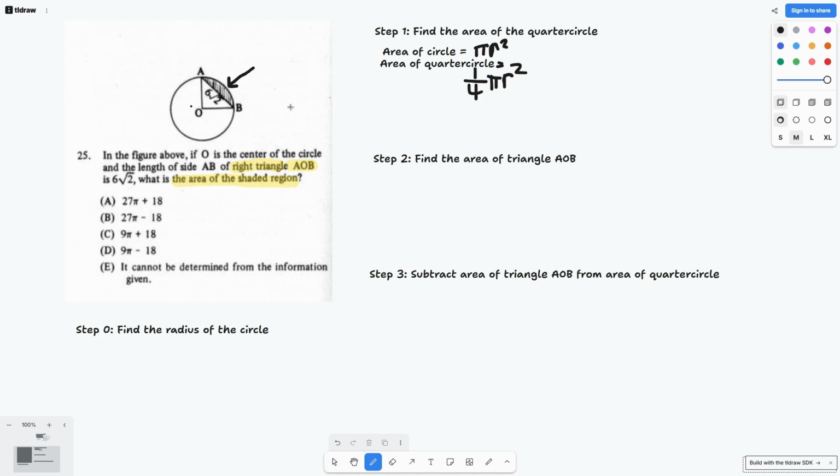Now the question becomes, how are we going to find the radius? Fortunately, we can use triangle AOB to aid us here. This triangle here. Now what we know is that this is a right triangle, and there's a very special formula that we can use that helps us find the lengths of sides of right triangles. Now side lengths OA and OB are both radius of the circle.